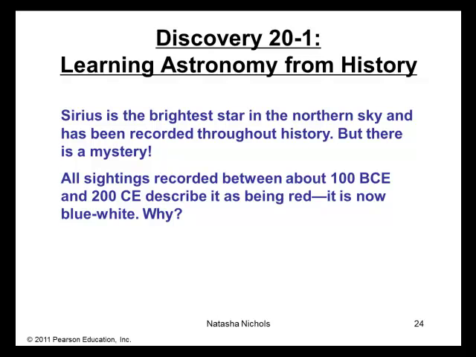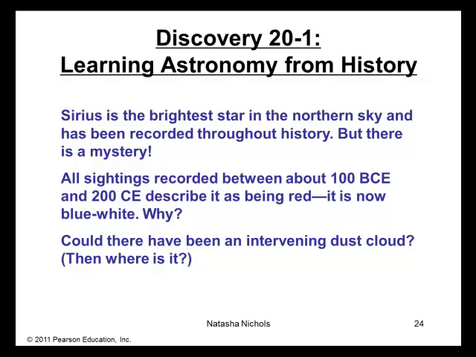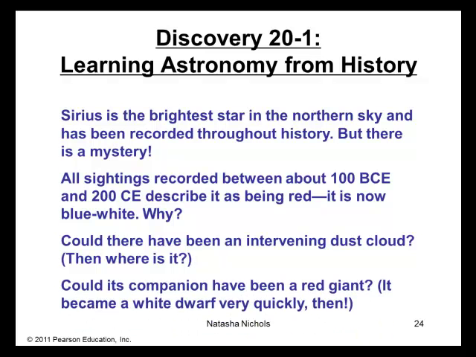So one solution to the problem would be that perhaps there was an intervening dust cloud that was changing the color that we see. But if that's the case, where has it gone to? Well, what if instead it had a companion, and its companion was a red giant, which is why they were able to see it as reddish?